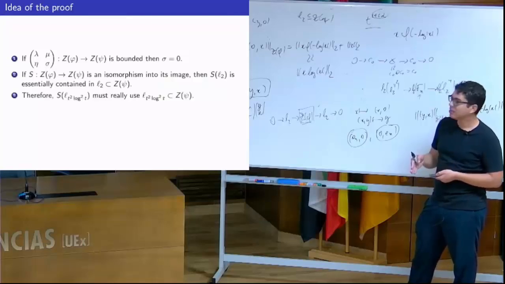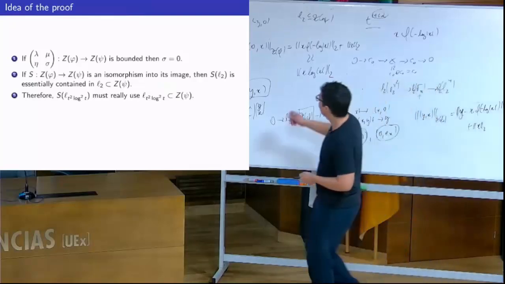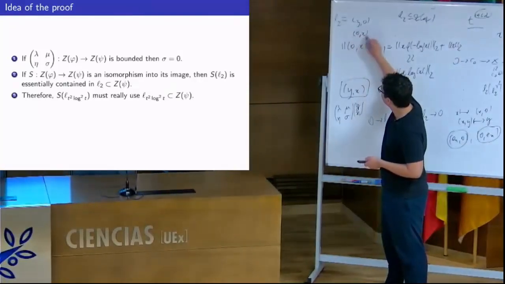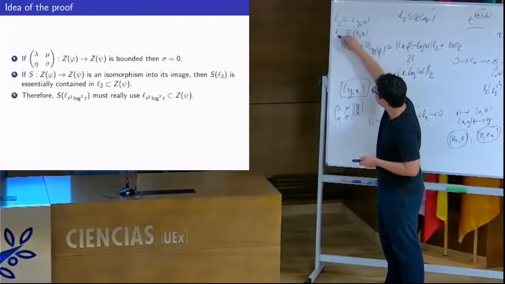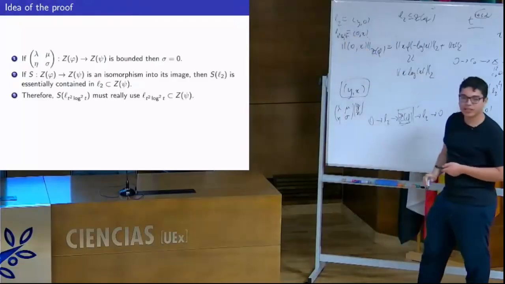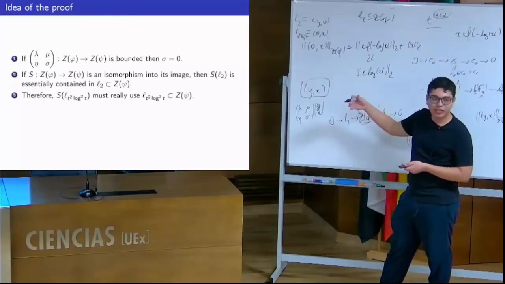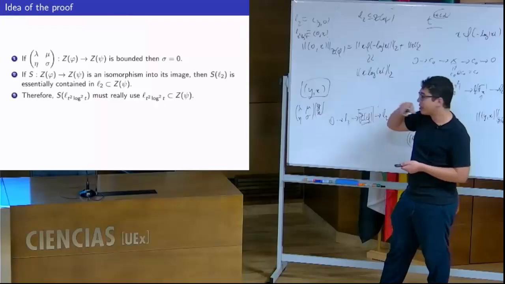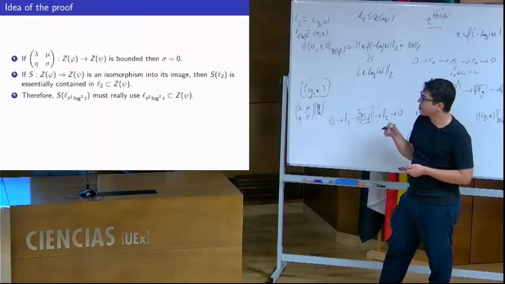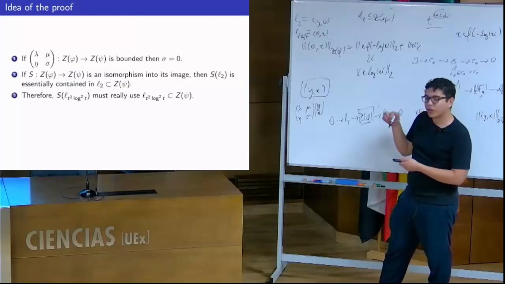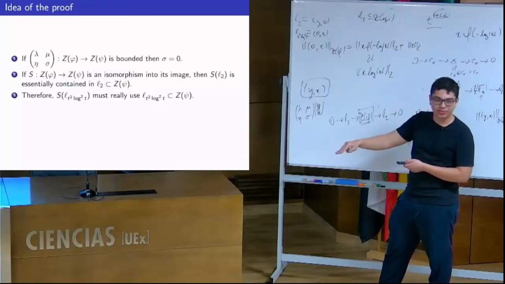From that, it follows that if you look at the second coordinate here, which is isomorphic to that Orlicz sequence space, when you apply S, the second coordinate of the image must really be used. And by that I mean that the second coordinate must not go to 0.